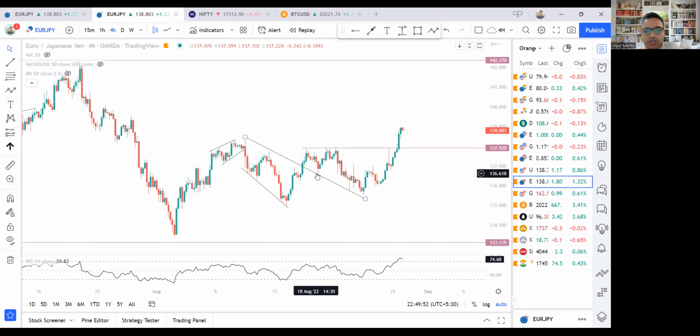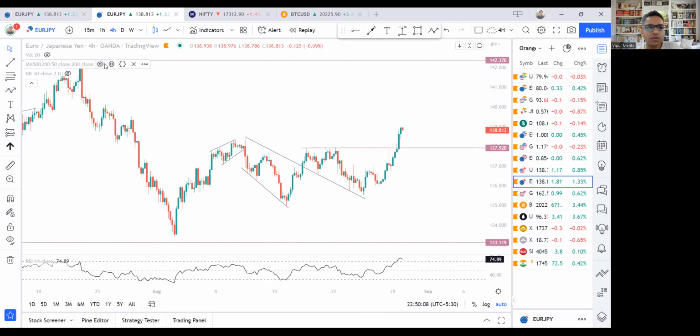There was this one touch, two touch, third almost touch, and then reversal, and then reversal all the way. Interestingly, we are now in good bullish territory from the perspective of euro yen, so this must be noted.